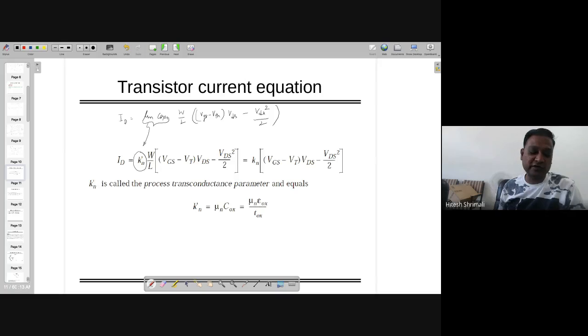Notably, when you study a different course, people are trying to achieve high K material, high K gate dielectric. When they say K, it is referring to this K. If you go deeper, it's mu n times Cox, where Cox is nothing but epsilon ox divided by Tox, where Tox is the thickness of the oxide.